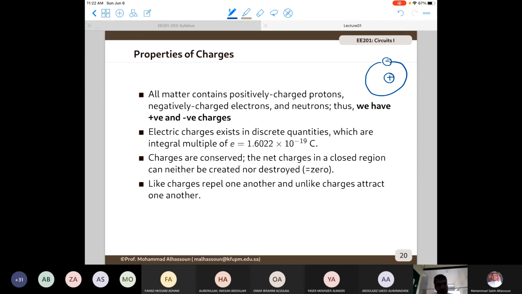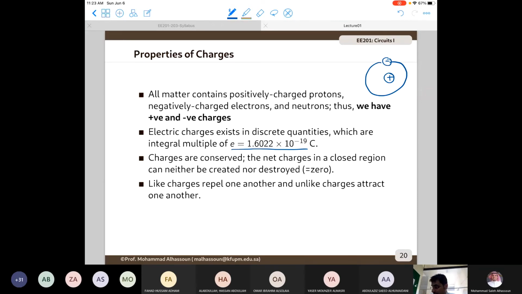So electric charges do not exist in a continuous form, they exist in discrete quantities. And these discrete quantities are integer multiples of this number, which is 1.6022 times 10 to the power negative 19. The unit is coulombs.